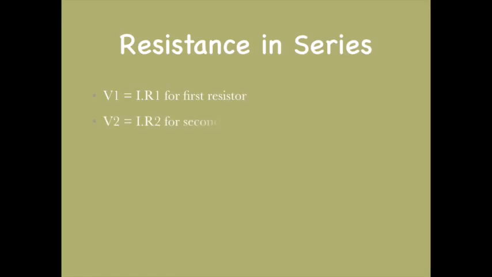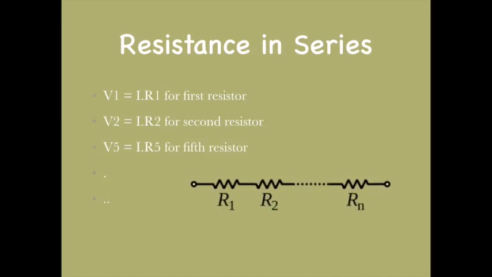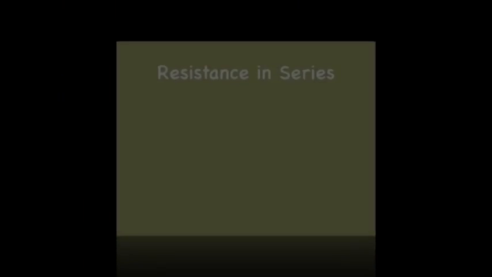The voltage across each of the resistors will be different, provided the values of R are different. And we also have that the total sum of the individual voltages will be equal to the voltage of the battery, right?